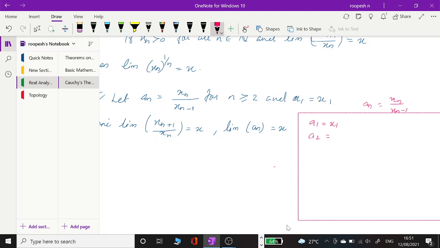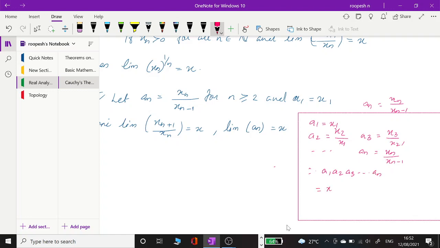So a2 equal to x2 by x1, a3 equal to x3 by x2, right? So like that I am continuing. Then an equal to, similarly, xn by xn minus 1.